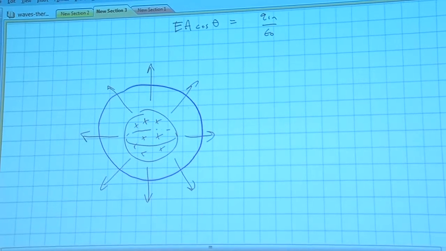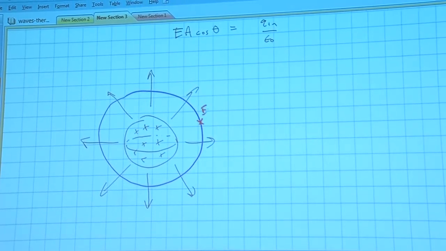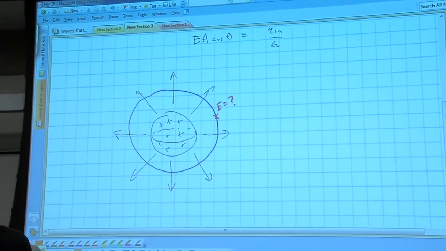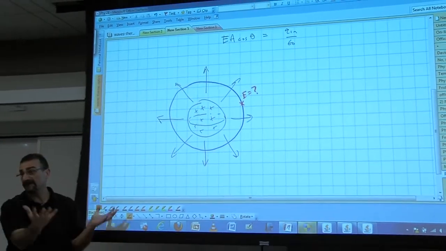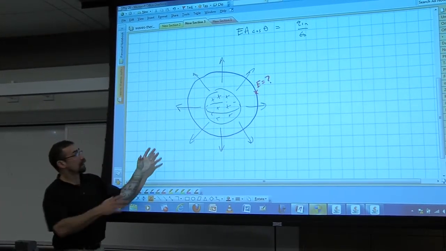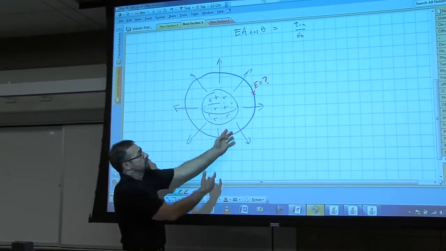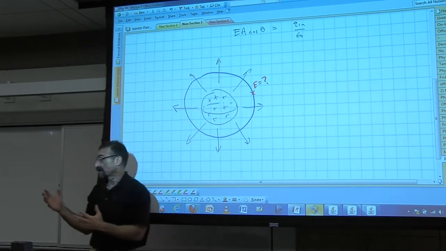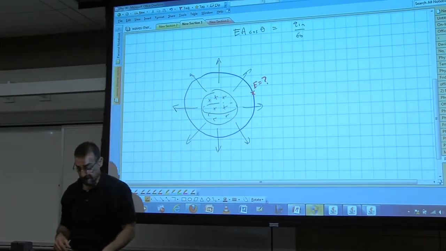I'll put a red. What's the electric field at that location? So we draw a Gaussian surface, an imaginary surface around our charge distribution where the surface happens to fall at our point of interest, right? That's where we're trying to find our electric field.